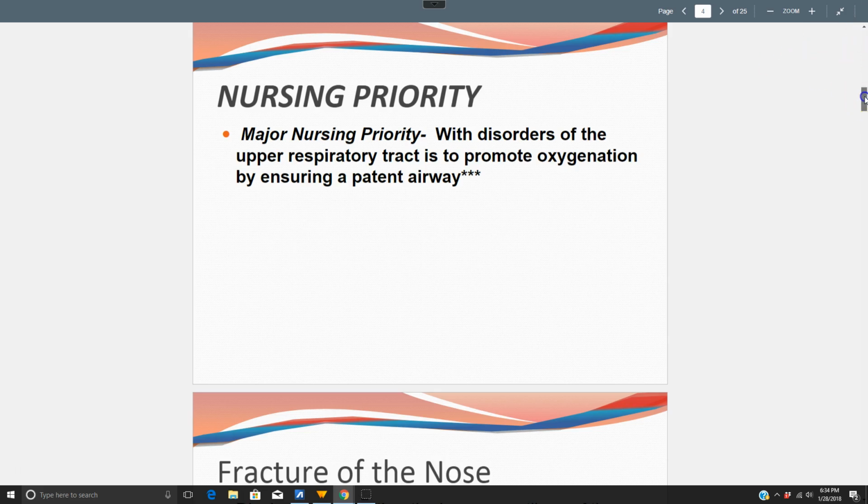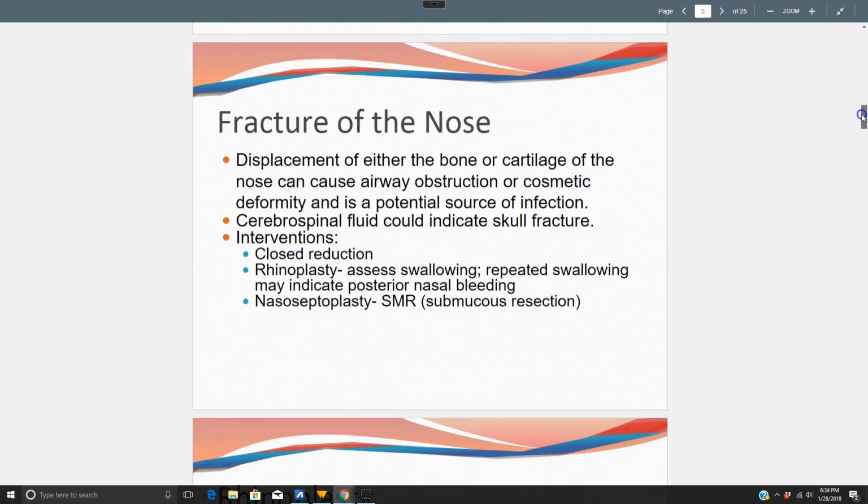And the first thing we're going to talk about is fractures of the nose. This is any type of injury that we may see to this particular area, which may involve somebody falling, some kind of sports accident, or even some kind of auto accident where there is some minor trauma involved.